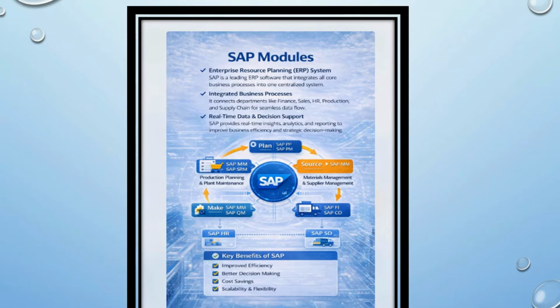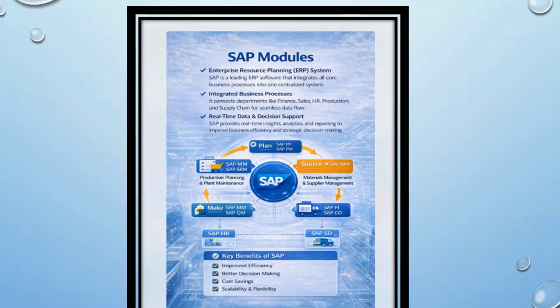Now, we are going to talk about SAP. What is SAP? SAP is Enterprise Resource Planning, a leading ERP software that integrates all core business processes into one centralized system.